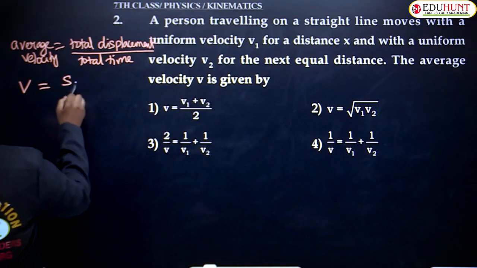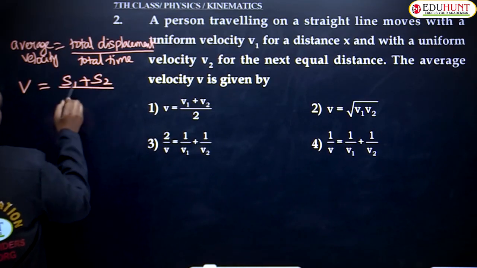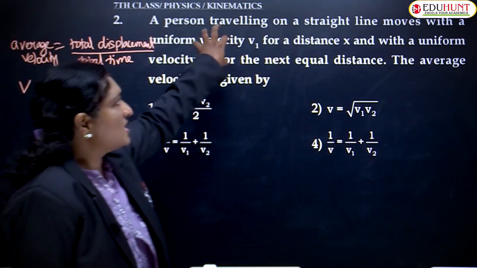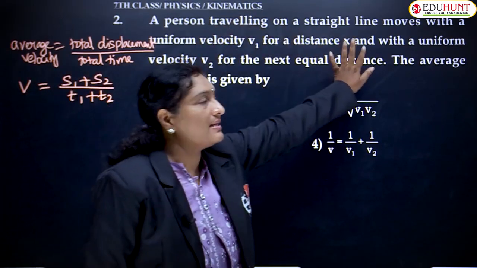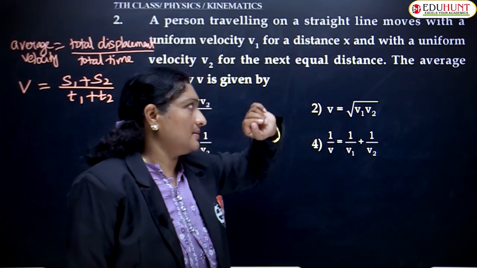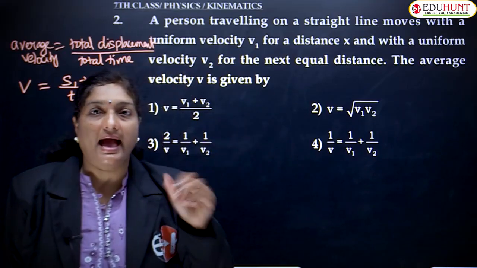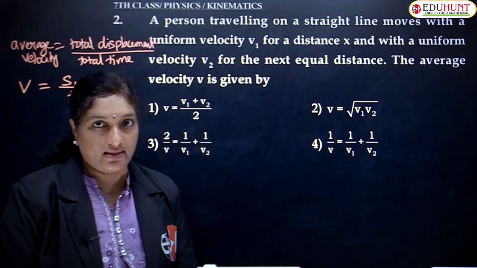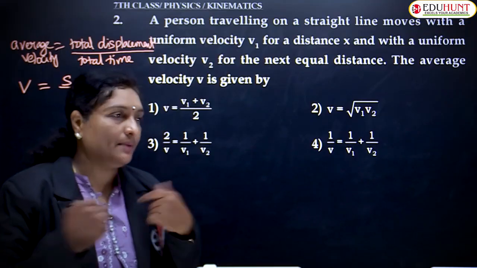So s1 plus s2 upon t1 plus t2. Here they have mentioned something regarding velocity as well as the distance, but nowhere they have considered anything regarding the time. No information regarding the time. So time should be eliminated.